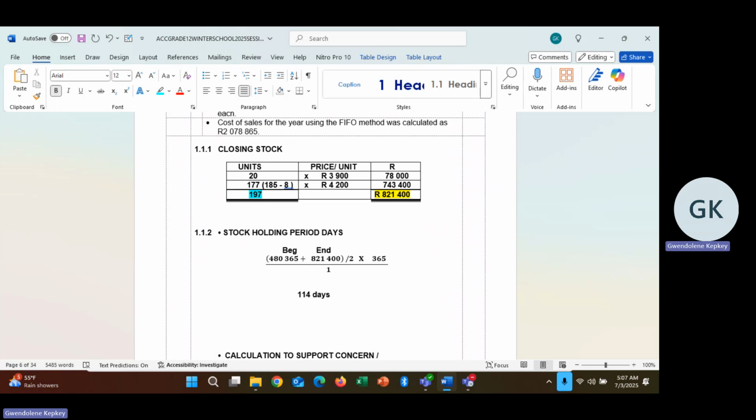Let me just indicate what you will do if you're going to use units. You're going to say, I have 197 items left.